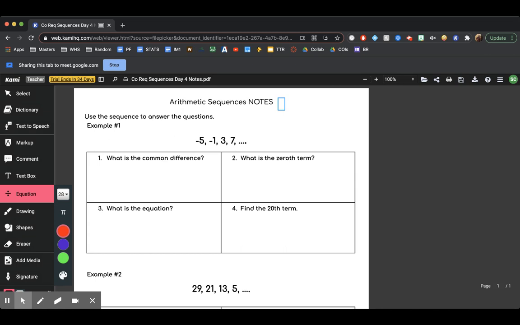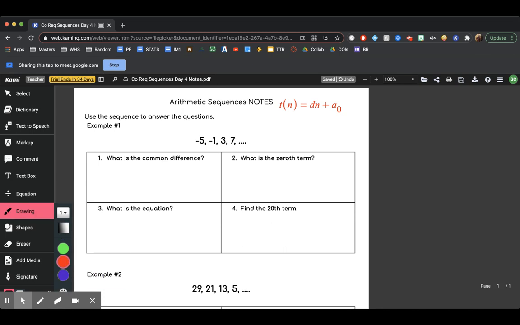So our formula says T of n is equal to d times n, adding the a sub 0. Okay, and each of those items, as I'm sure you know from your math class, from your integrated class, represent a specific term.